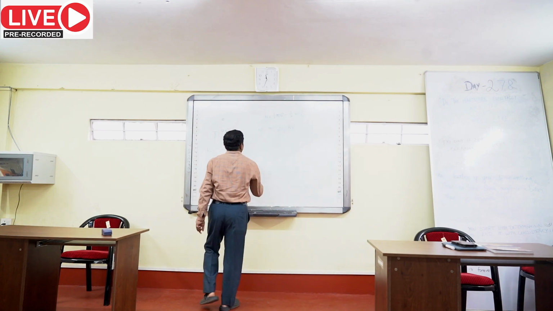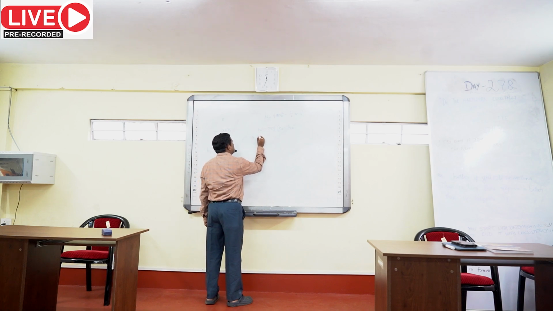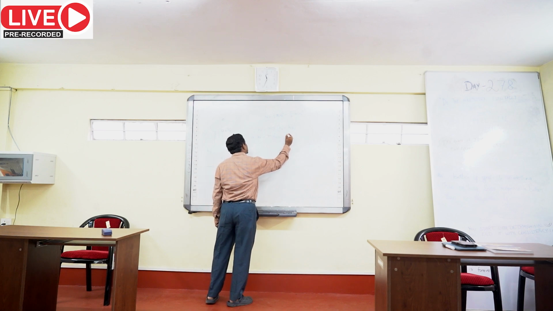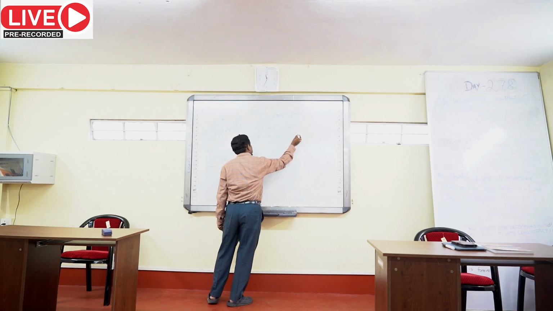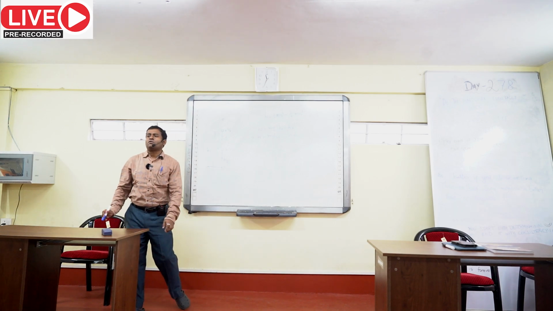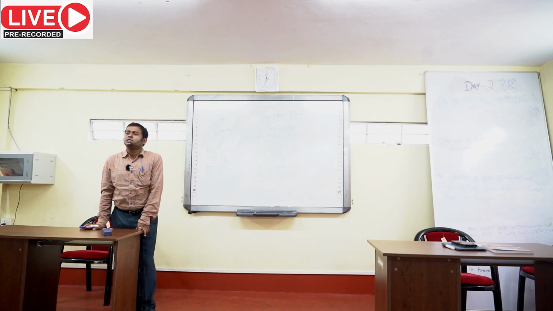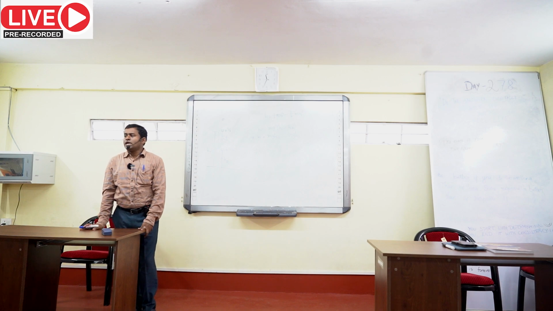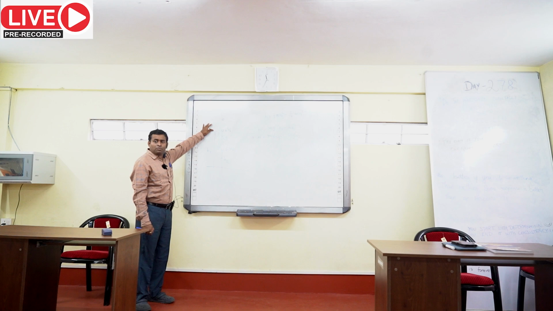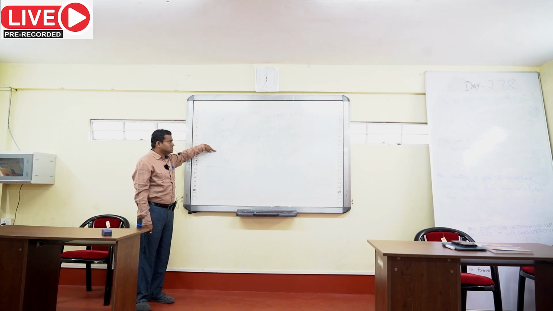Now you can write this one as W equal to mgh1 minus mgh2. Now this mgh1 and mgh2 are the form of gravitational potential energy. mgh1 is the gravitational potential energy of the object at point 1, and mgh2 is the gravitational potential energy at point 2.